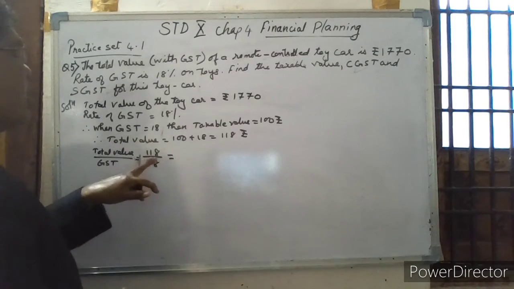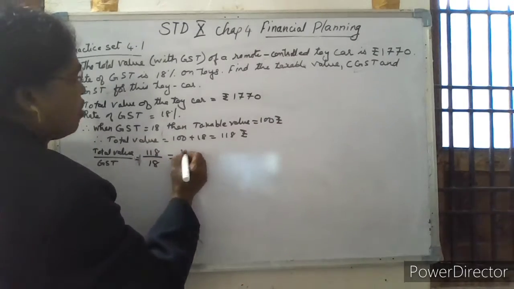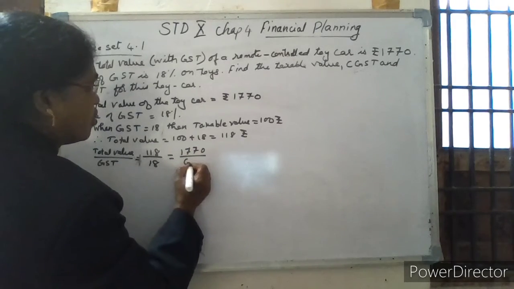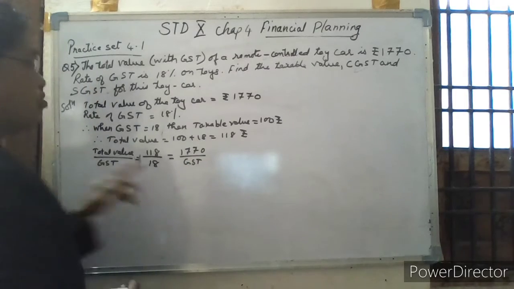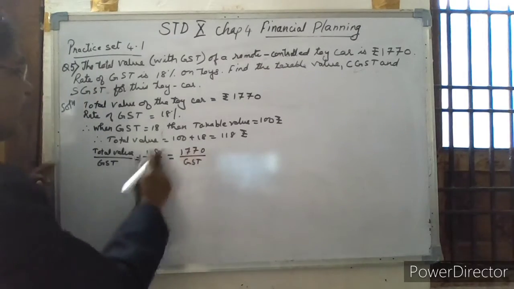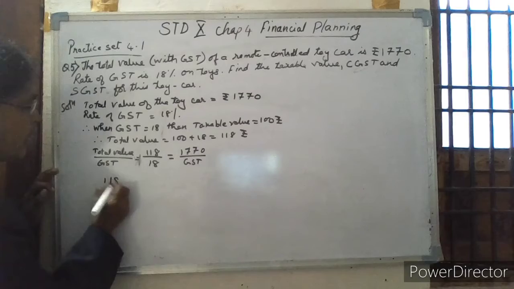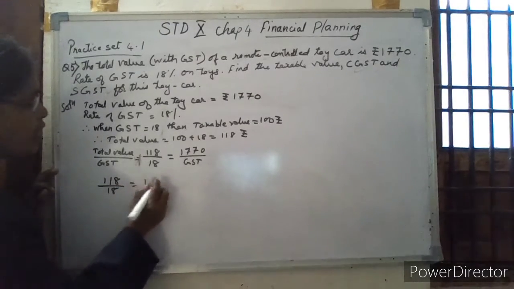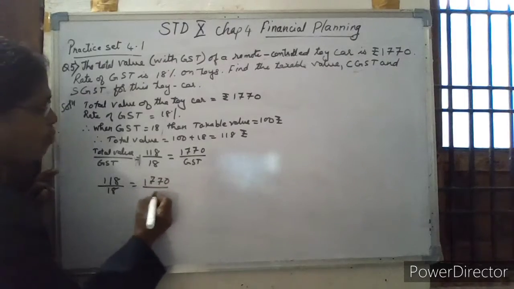Therefore, when total value is given 1770, what is the GST? We will find out this. What is the GST? So take these two equal ratios, 118 upon 18 is equal to 1770 upon GST.